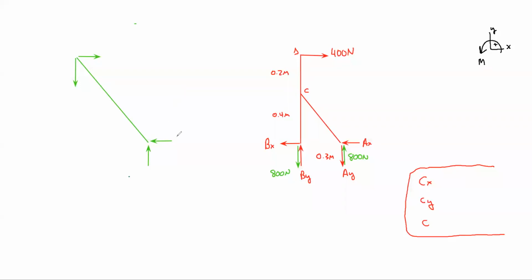So AX, which we have yet to figure out. We've got an 800 newton force at AY. And this is going to be CY, and this is CX. We can tell that CY is equal to 800, right? There are only two in the Y direction. One of them is 800 up, so the other one has to be 800 down. So I'll fill that in.